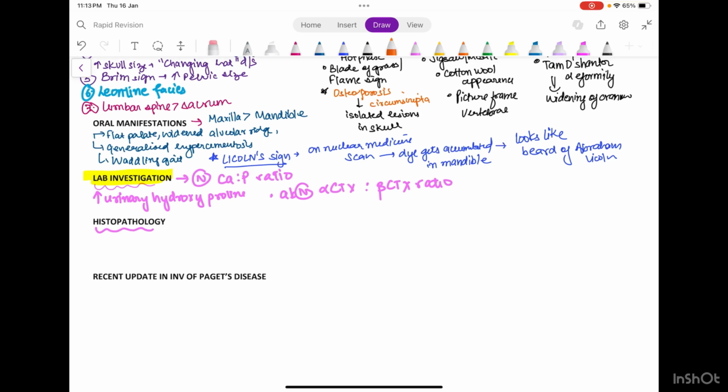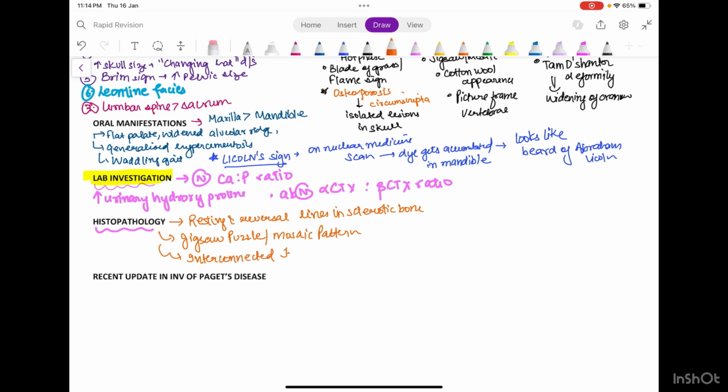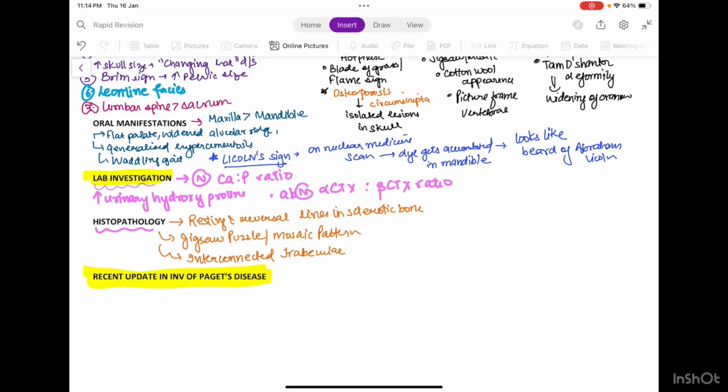In histopathology, we will see resting and reversal lines in sclerotic bone, and we have jigsaw puzzle or mosaic pattern, and we have interconnected trabeculae.